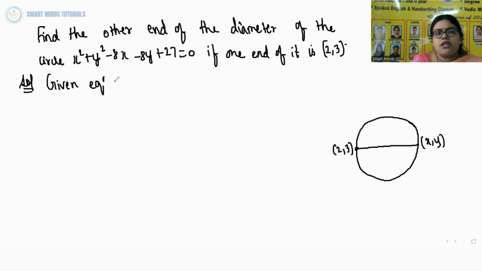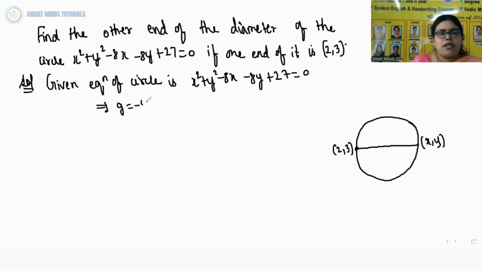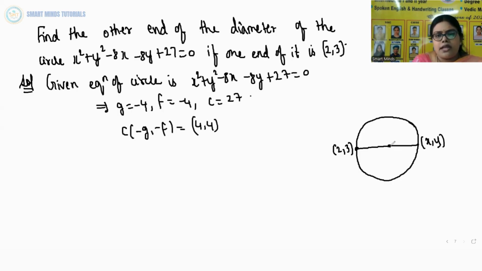So let us first write the equation of the circle: x square plus y square minus 8x minus 8y plus 27 is 0. So from this equation we get g as minus 4, f as minus 4, c as 27. Now center is minus g comma minus f, that is 4 comma 4. So you have the center. Center is 4 comma 4.